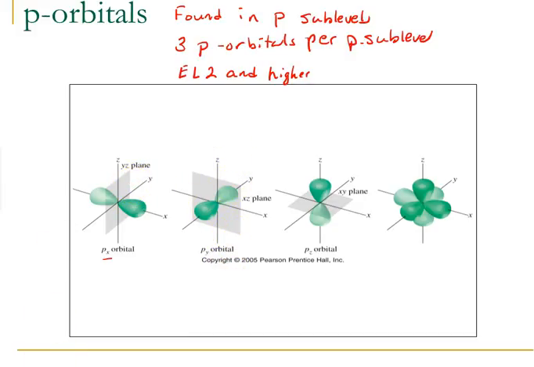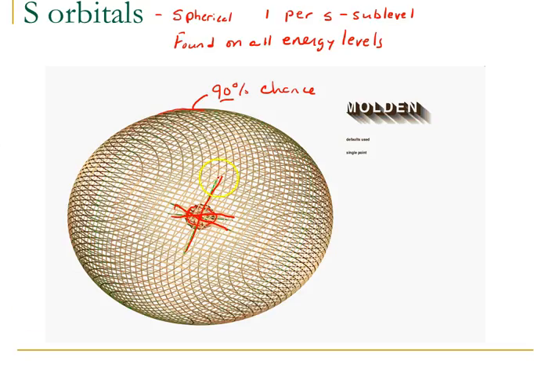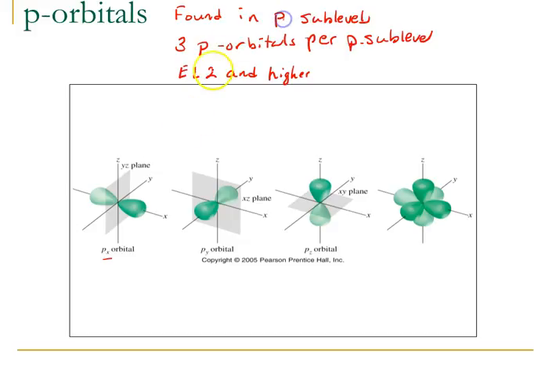So if we go back to the s, this holds two electrons, and since we have one of them on an s sublevel, we're always going to have 2 electrons in every s sublevel and s orbital. On a p sublevel, we have up to 3 p orbitals, and each of these holds 2 electrons.